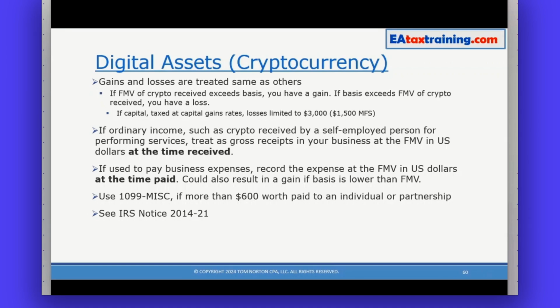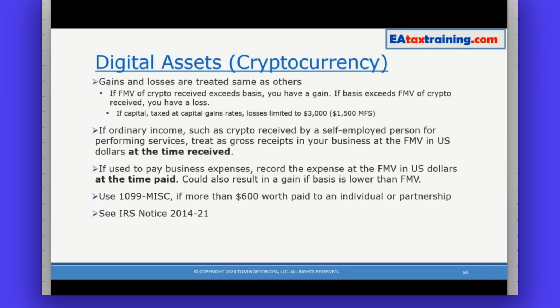This could also result in a gain if the basis is lower than the fair market value. So if you bought it for one price and now you're using it to pay an expense for a greater value than you bought it for, you could have a gain on the disposal of that cryptocurrency.